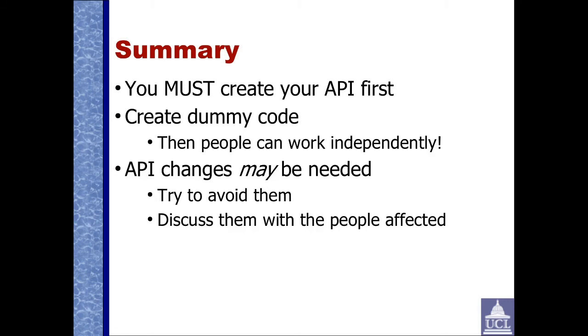Similarly, the person writing the business logic layer can call functions from the data access layer once the dummy functions have been implemented. And again, in the same way, they might not get back the data that they're actually asking for, but they will get back dummy data in the correct format.